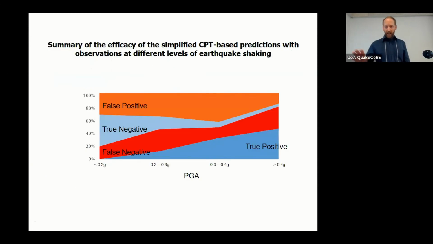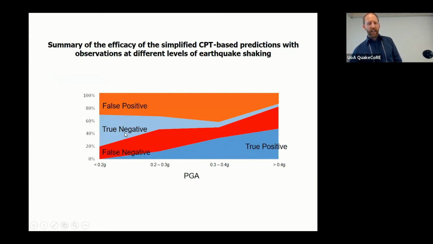So if we then start plotting, at the different levels of shaking, the percentage of sites where we're getting true positive, true negative, false positive and false negative predictions, we see that at higher levels of shaking, more of the sites are liquefying, and as the shaking intensity increases, the number of true positive predictions of liquefaction is increasing.